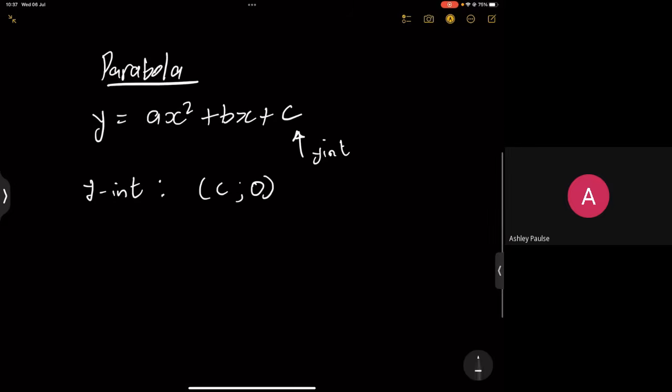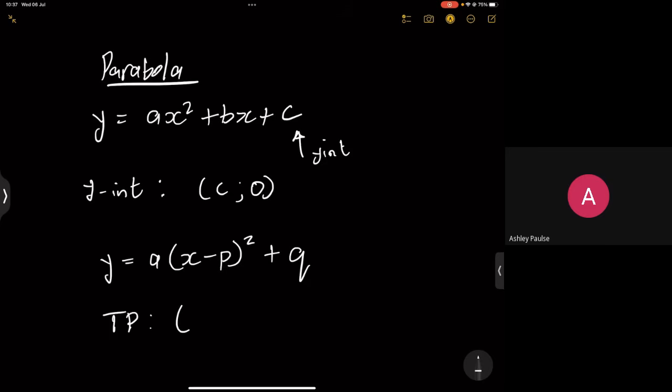The second one is we can be given the parabola in the form y is equal to a(x minus p) squared plus q. Now, I want you to note in this case, it means that here we've got the value of the turning point, okay? So that would mean that the turning point would be at p. Note in this case that the p value changes sign.